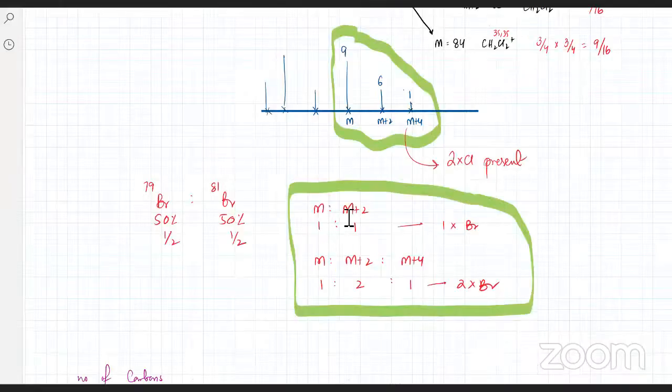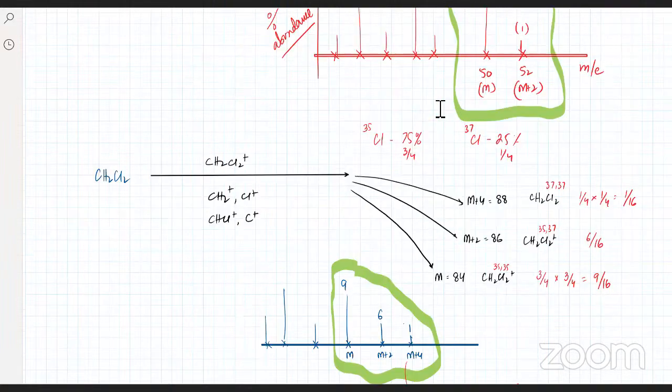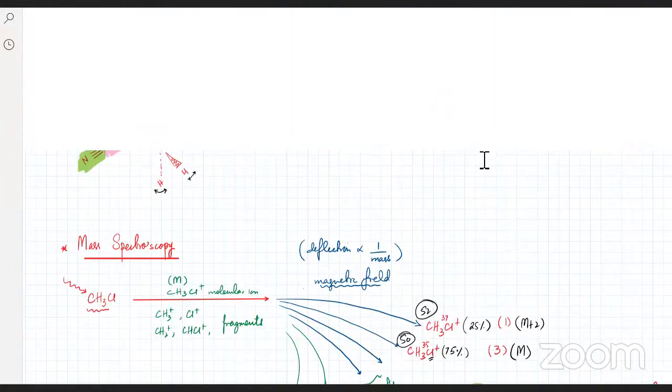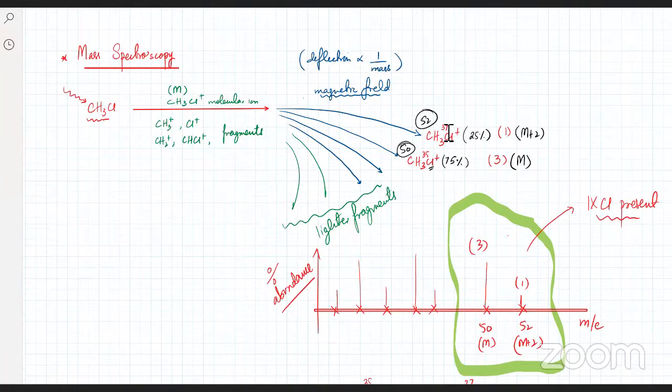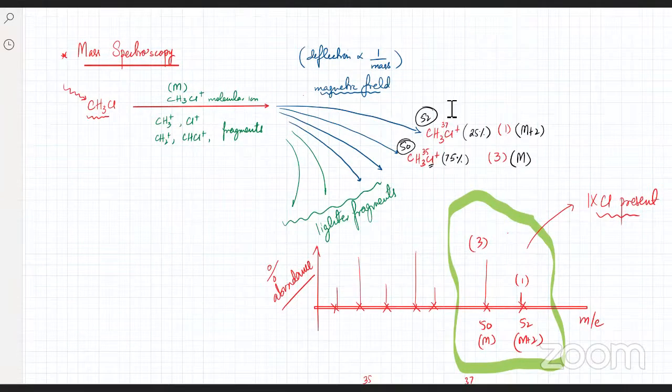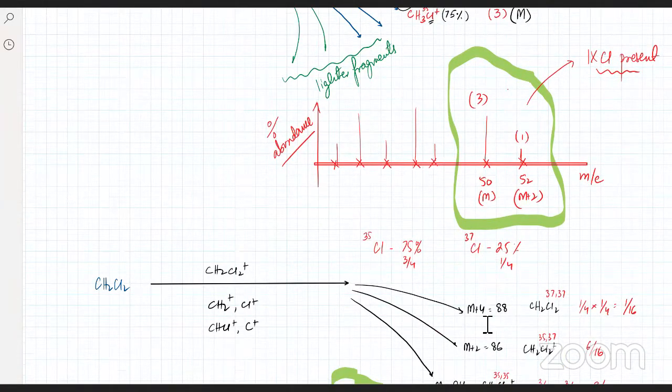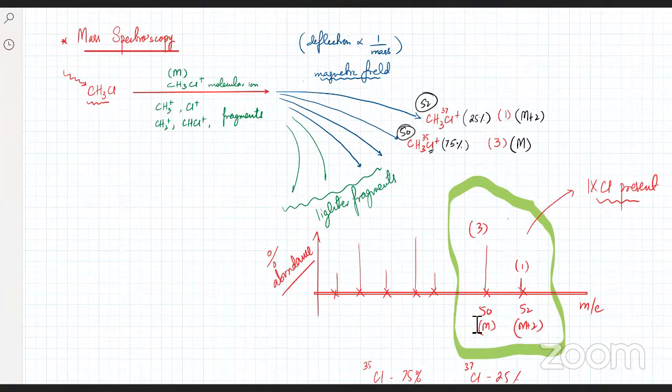Just remember that if there is a difference of 2 in the mass of the molecule and it has equal probability, that means one bromine. If it has one Cl, then in the case of Cl the molecule will again have a variation of 2, because Cl could be 35, it could be 37. So in its mass ratio there's going to be a difference of 2.